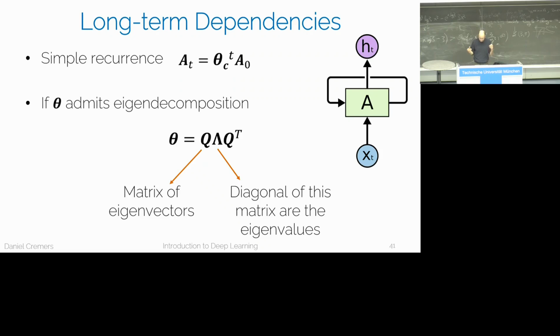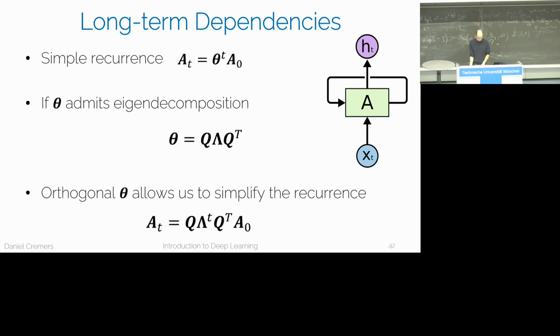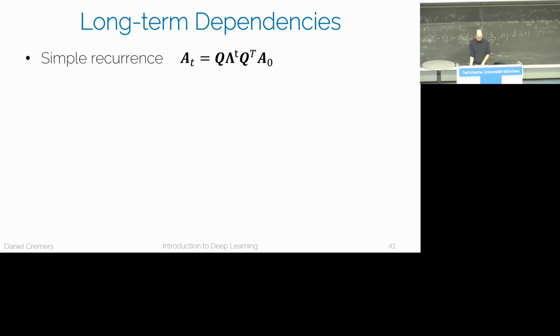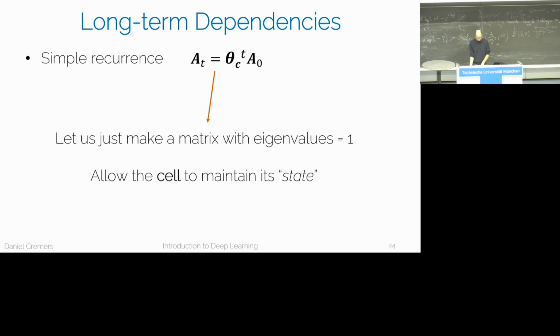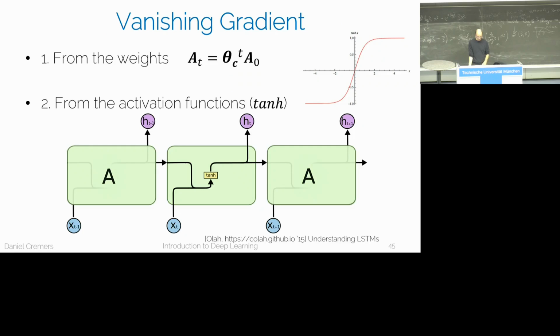What you can do is you can take this decomposition and clamp all the eigenvalues to 1. And that way you get a little bit more stability. So this is one way to deal with it, and that way you can allow the cell to basically maintain its state. The eigenvalues are by construction clamped to 1, and that way you have less of an issue.